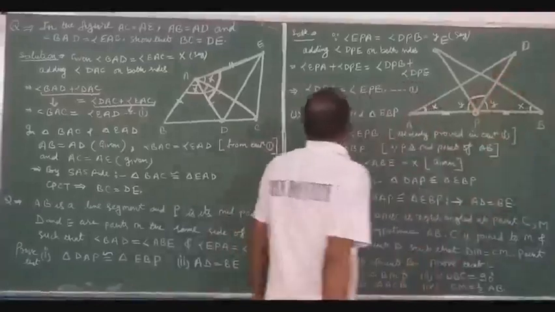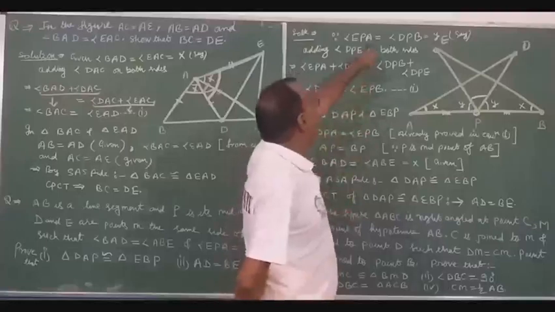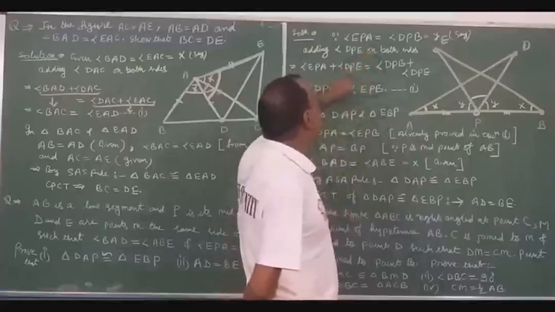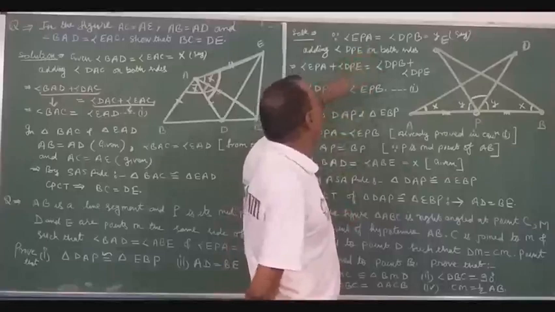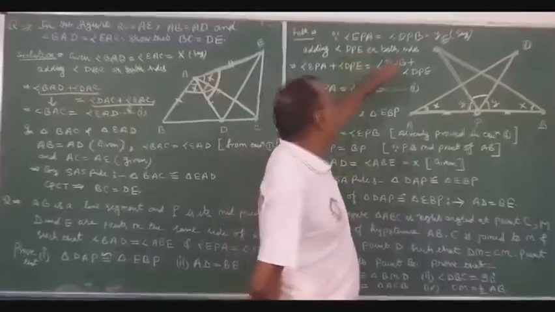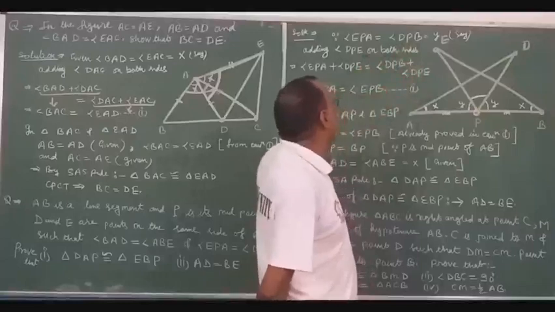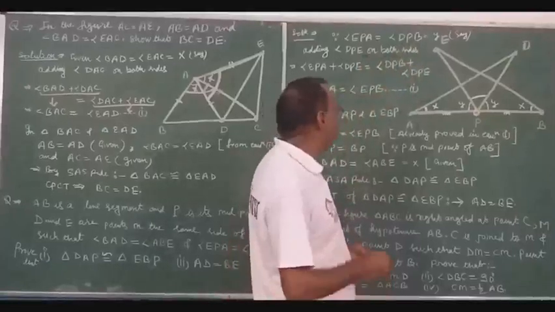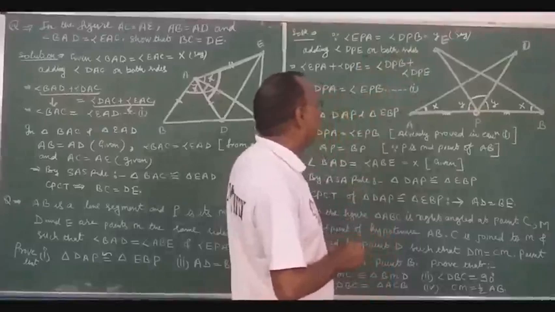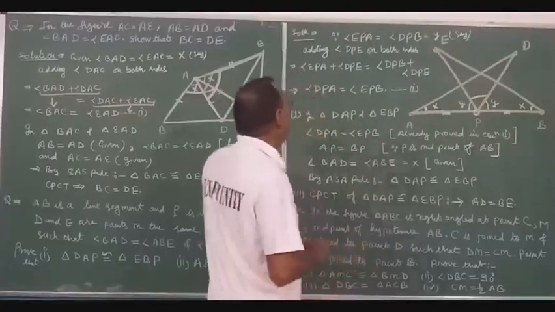So what will happen? EPA plus DPE is equal to DPB plus DPE. Now look, EPA plus DPE.